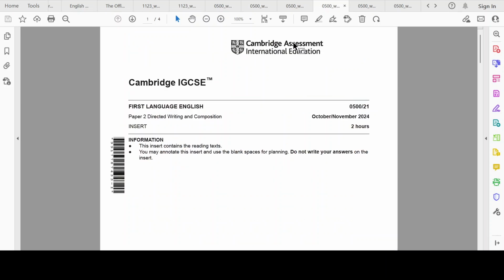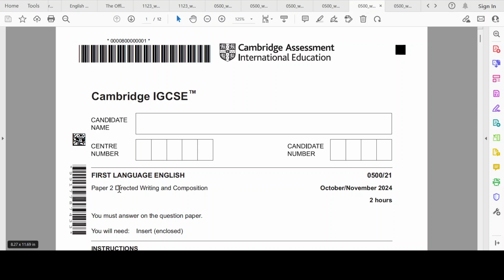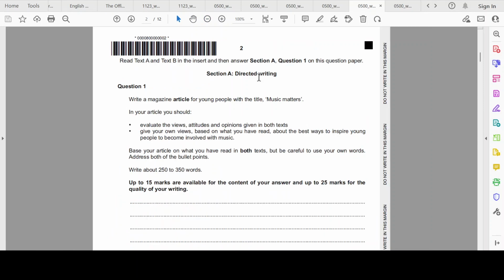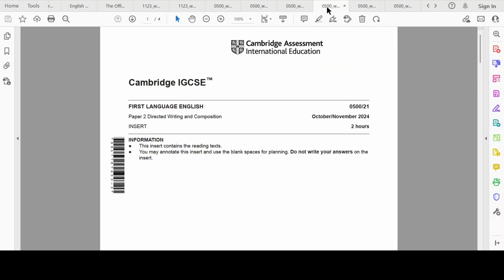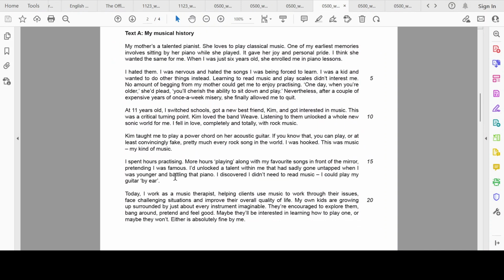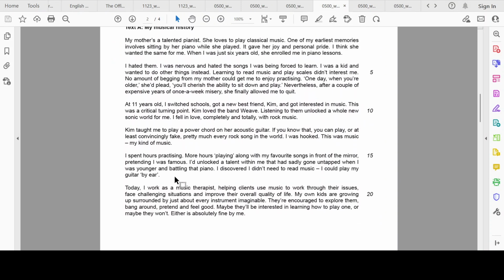Now coming to paper 2. Right, so paper 2 is directed writing and composition, and for the directed writing, the approach is exactly the same, right? In this case the texts are longer, so they've got more detail, comparatively longer.